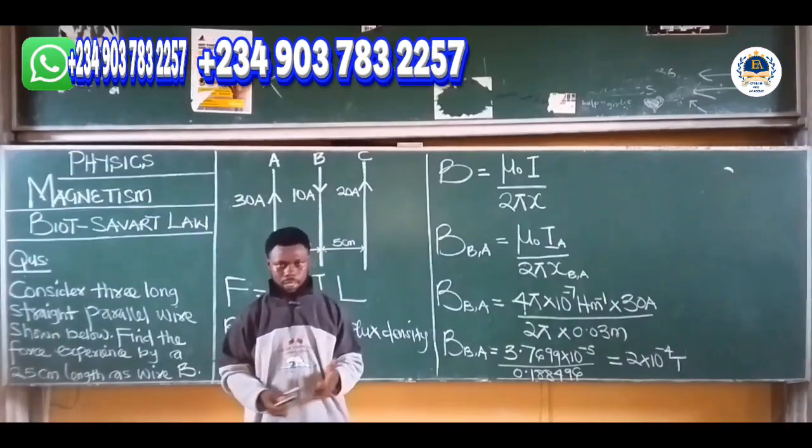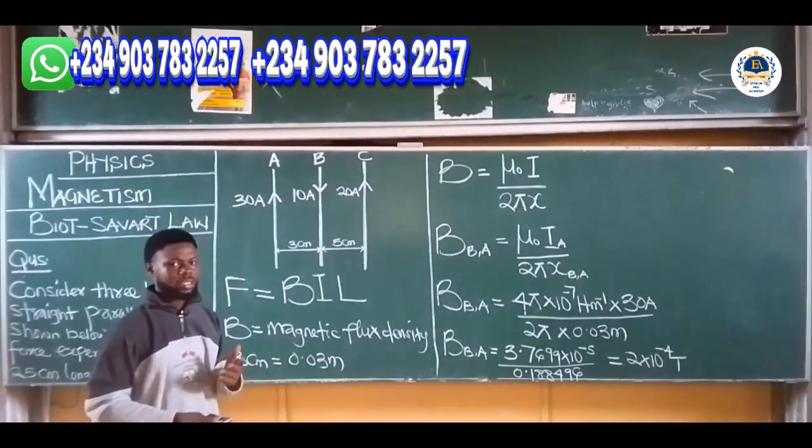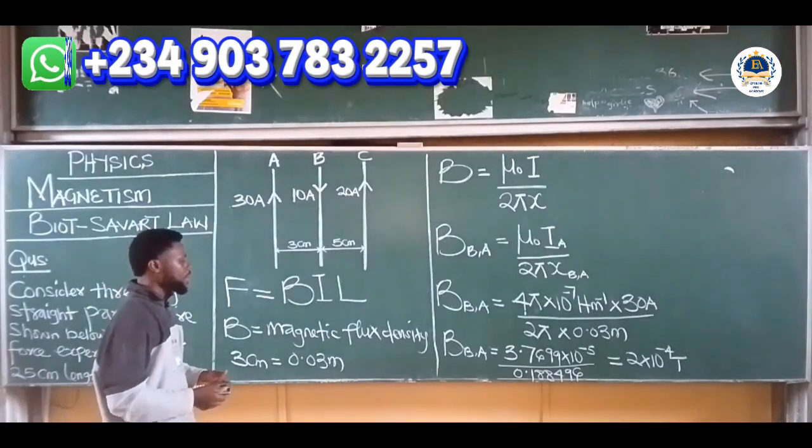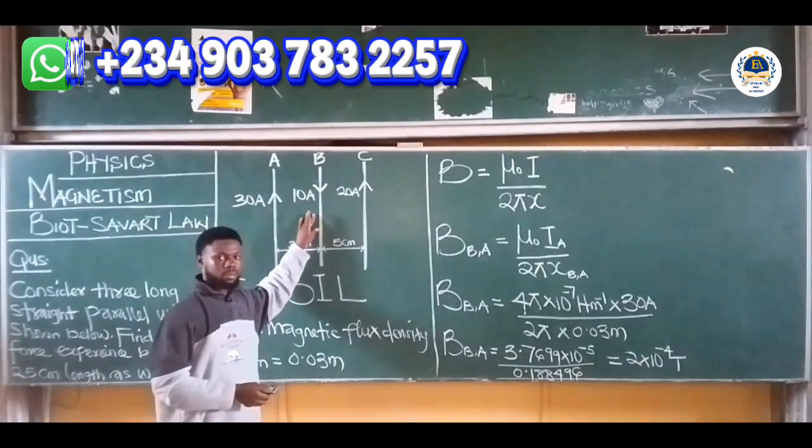Magnetic field is measured in Tesla, so we have successfully obtained the first step, and the first step was to determine the magnetic field produced by A at B.